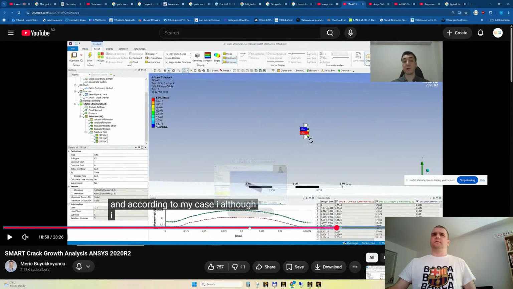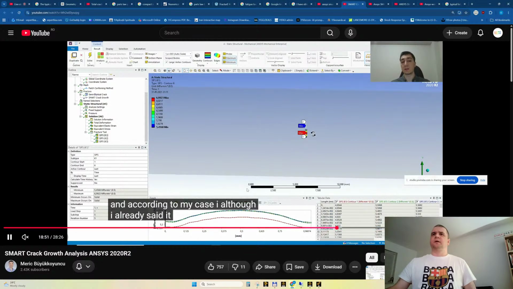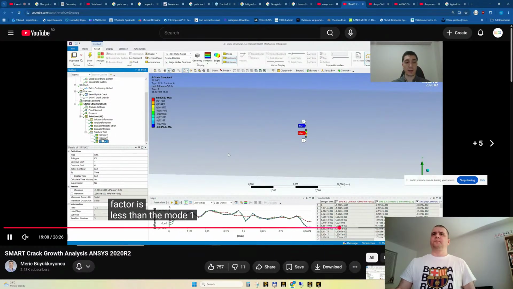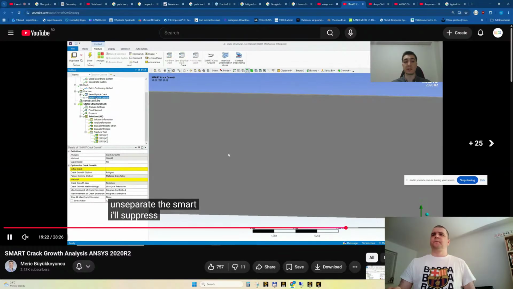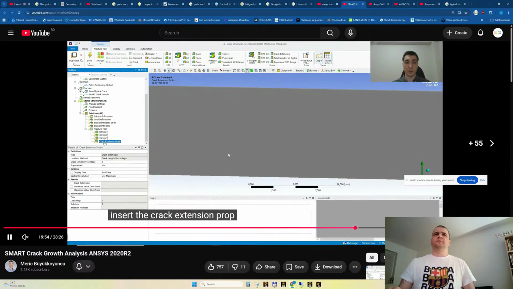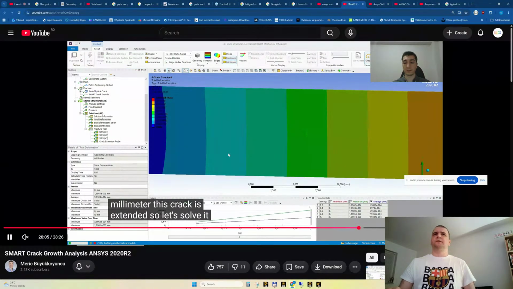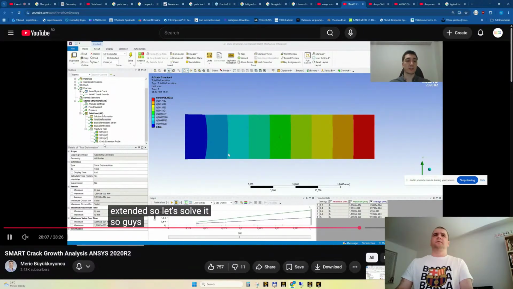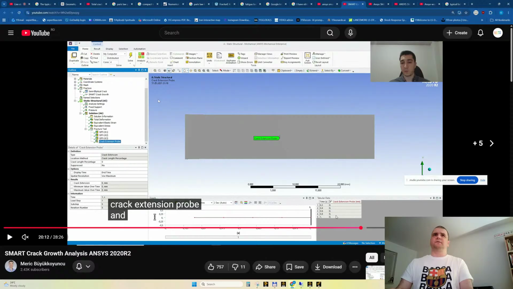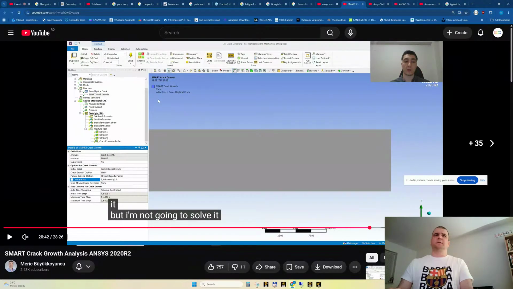I like this plot for the crack. Let's see if there will be a crack propagation. You see the very small deformation layers. Crack extension.